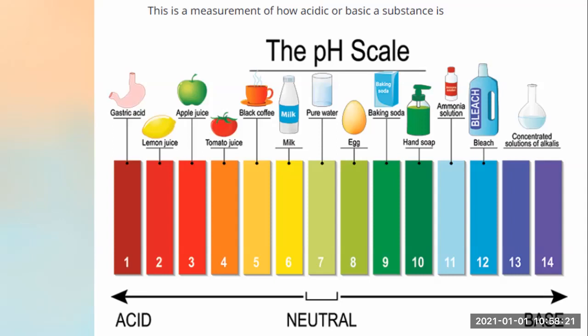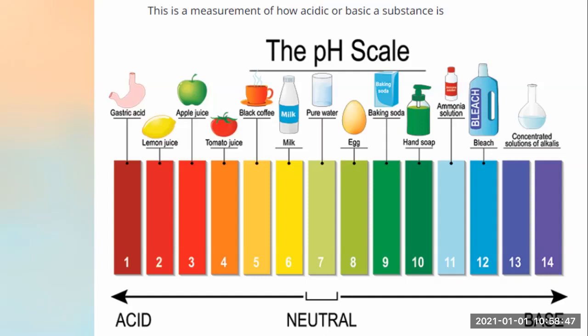Apple juice is more acidic than tomato juice. Lemon juice is more acidic than apple juice. Gastric acids present in our stomachs are more acidic as compared to all these substances, right? So with the help of this scale, it becomes very simple for us to determine the strength of acids which we are using in our day-to-day life.